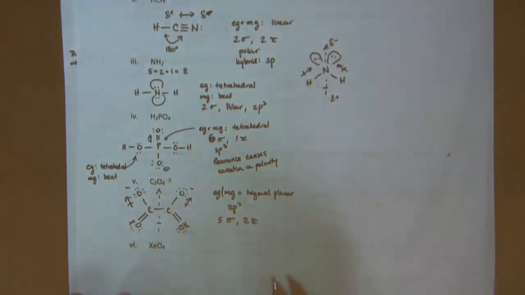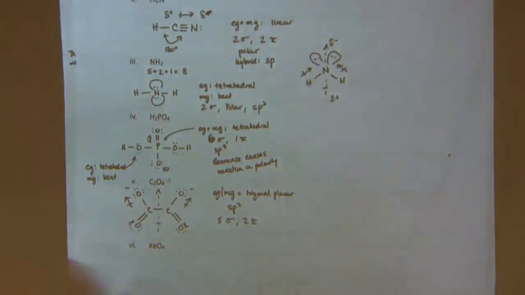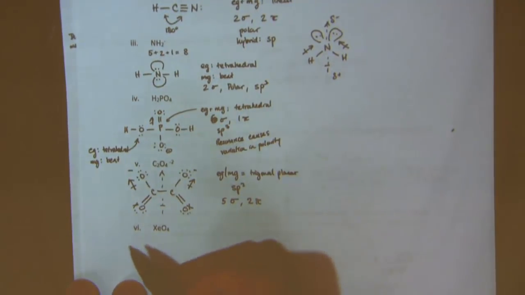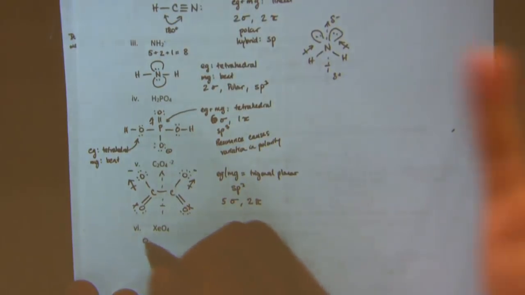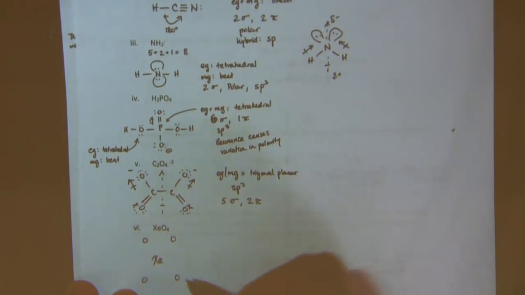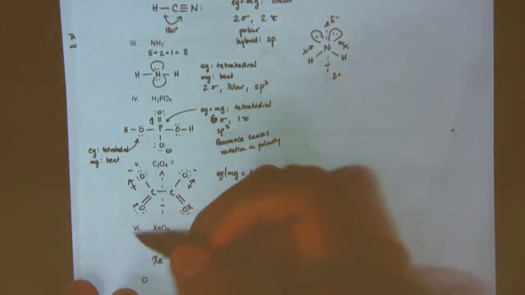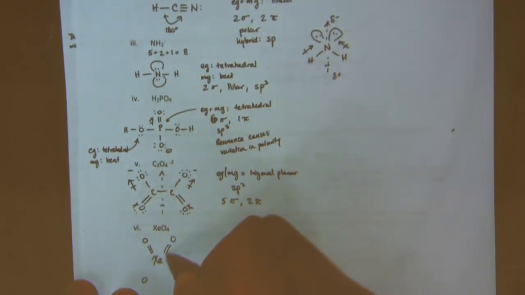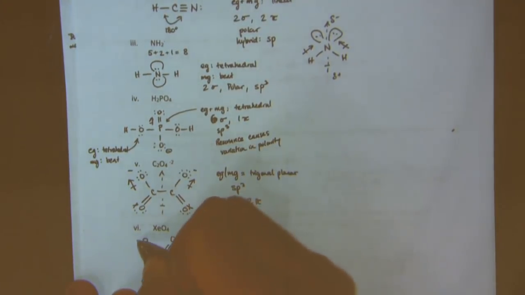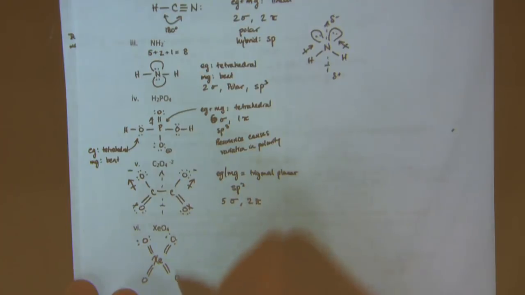Yeah. Okay. So for this last one, we have xenon O4. And xenon is a noble gas that can have an expanded octet, so it looks really funky. So it can actually accommodate up to 8 bonds.